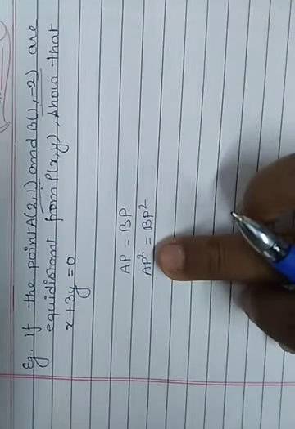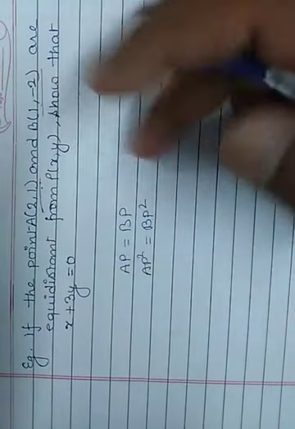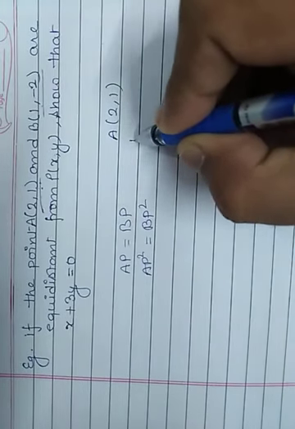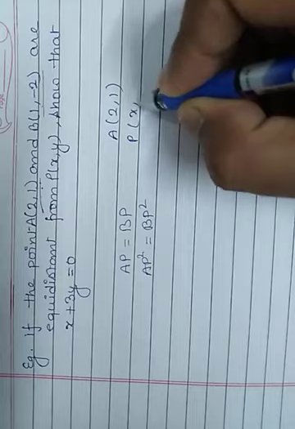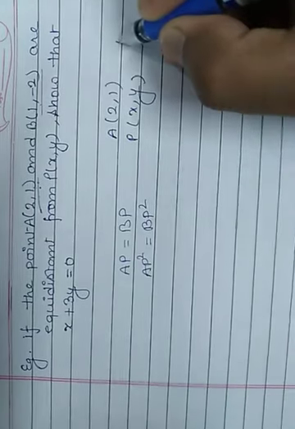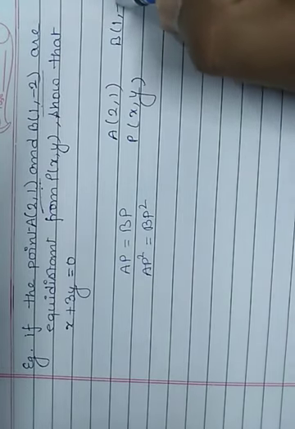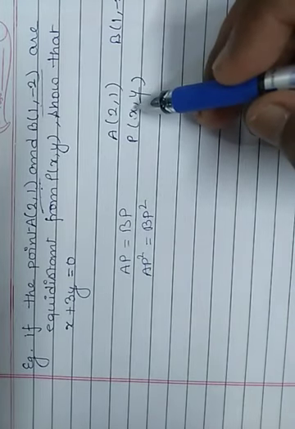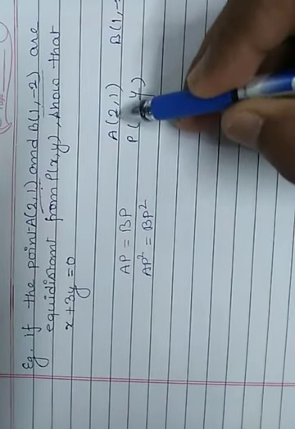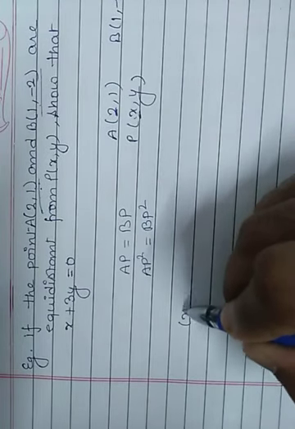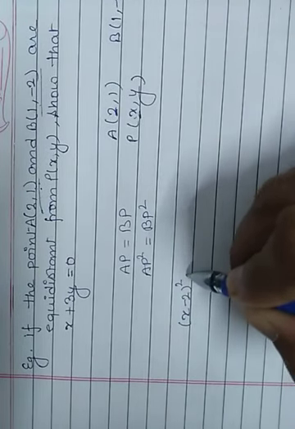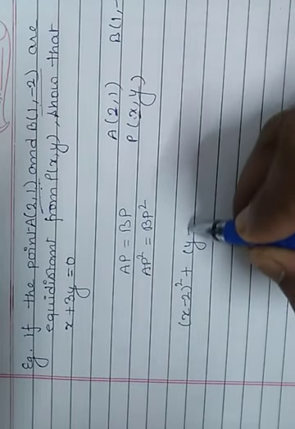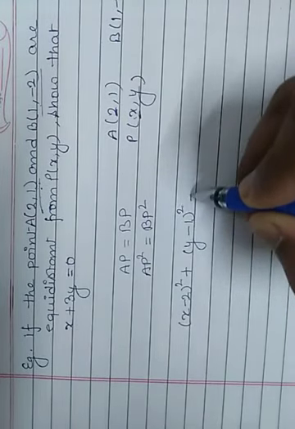Now AP is the distance between A and P. The coordinate of A is 2, 1, the coordinate of P is (x, y) and the coordinate of B is 1 and minus 2. So the distance AP is equal to the difference of x coordinates, that is x minus 2, squared, plus the difference of y coordinates, that is y minus 1, whole squared.